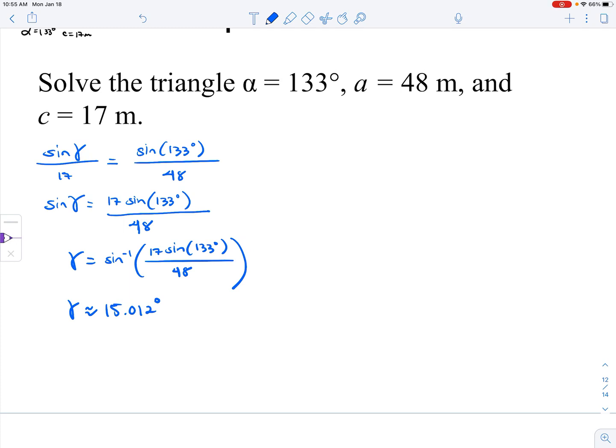Well, 180 minus 150 degrees is equal to 30 degrees, right? So there are two angles that would make this a true statement, is what I'm trying to say. Inverse sine is going to give you the angle from quadrant 1 every time.